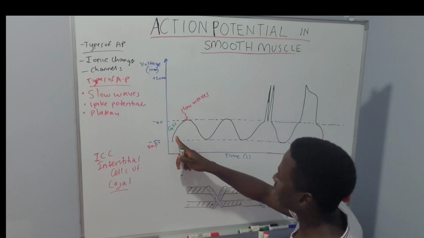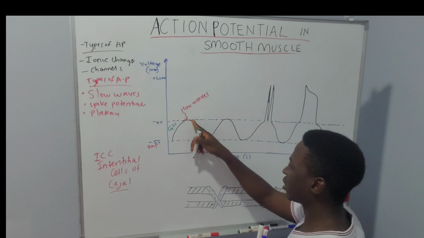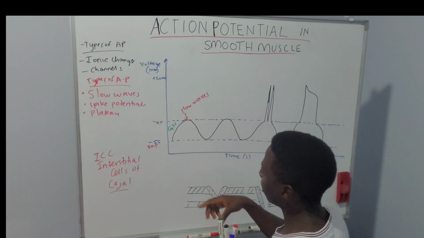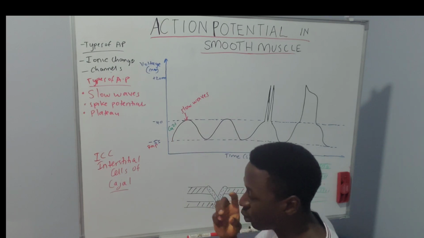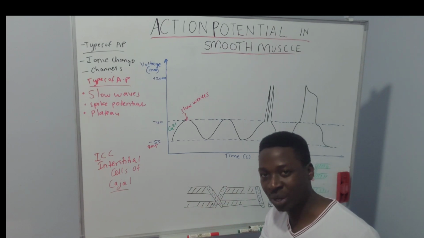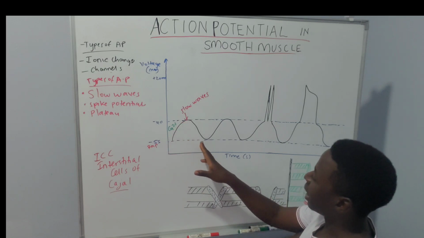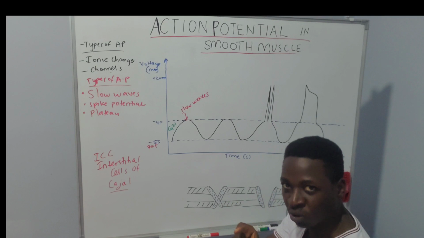You see this kind of slight depolarization and repolarization phase, depolarization, repolarization phase, that kind of pattern. So it is the calcium ions that take place. These channels will always keep having some calcium entering into the cell to give it a depolarization.